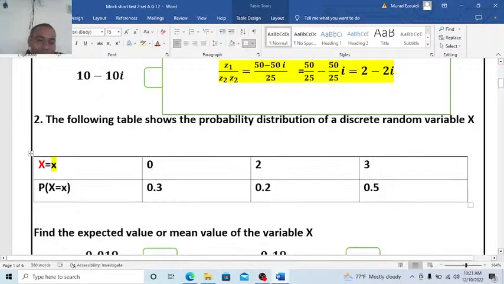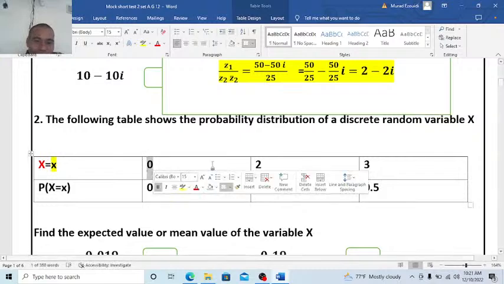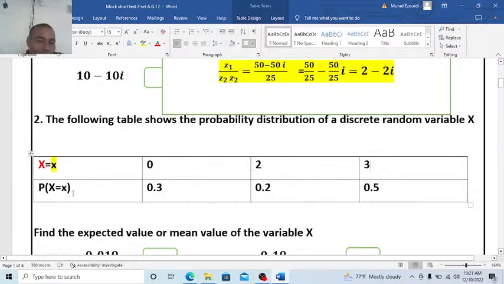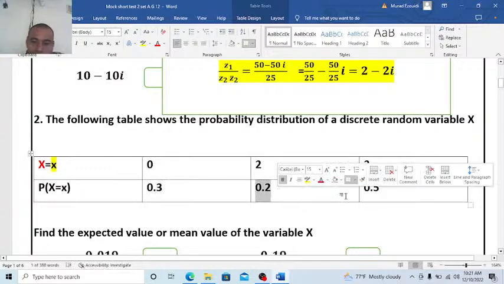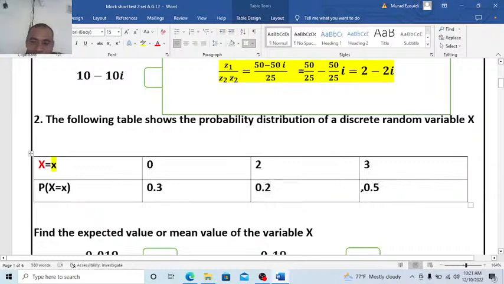Here we have x equals 0, x equals 2, and x equals 3. Their probabilities are 0.3 when x equals 0, 0.2 when x equals 2, and 0.5 when x equals 3.